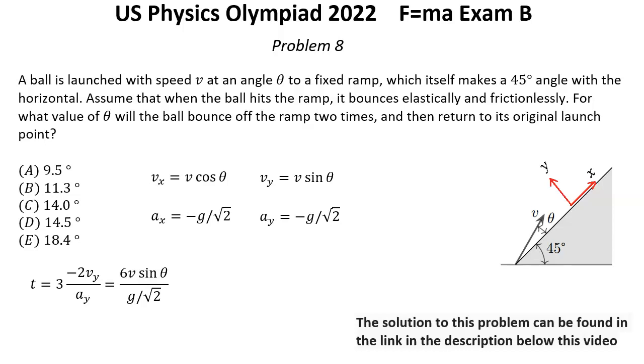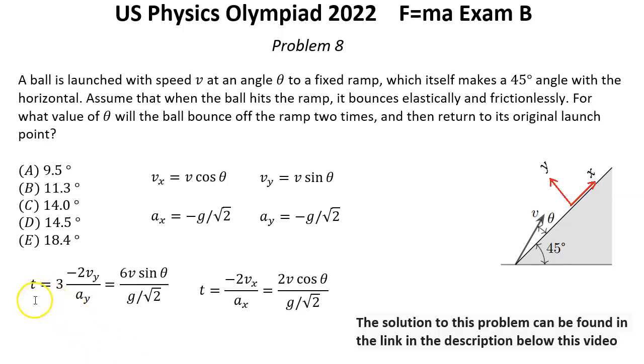On the other hand, when this ball returns to the original point in coordinate x, it means that the total change of speed equals negative 2Vx, and the total time to travel equals negative 2Vx over Ax, which is 2v cosine theta over g over root 2.